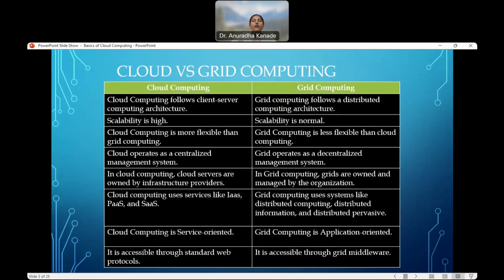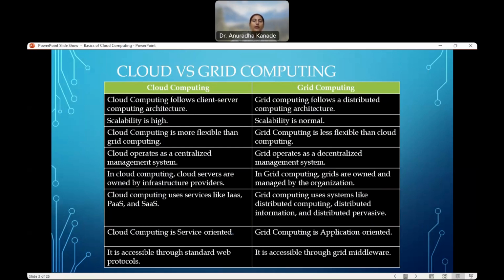Services like infrastructure as a service, platform as a service, and software as a service are examples of cloud computing services, whereas distributed computing, distributed information, and distributed pervasive are examples of grid computing facilities.